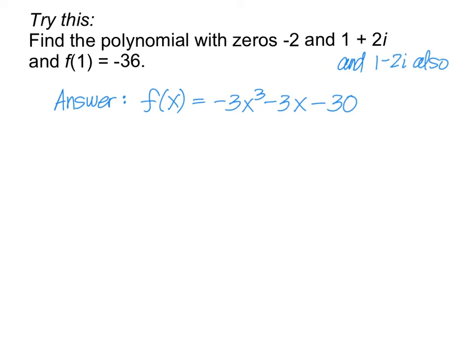Now, in your lesson notes, I want to see the work that leads to this answer, so that I know that you actually worked it out instead of just writing the answer down from this video. Okay? So I expect to see the full work shown to arrive at this polynomial.